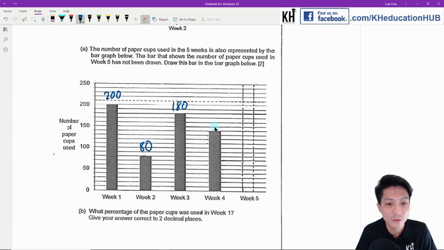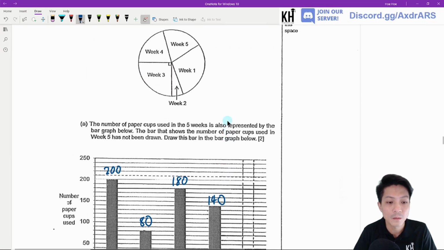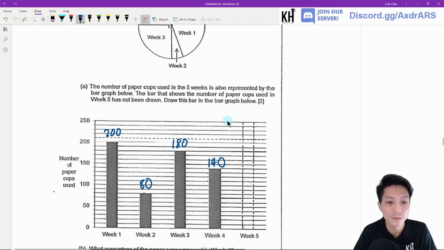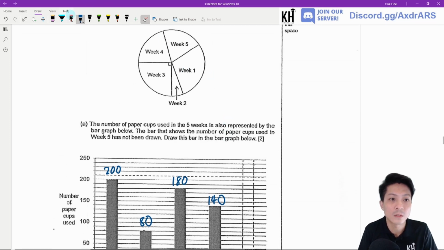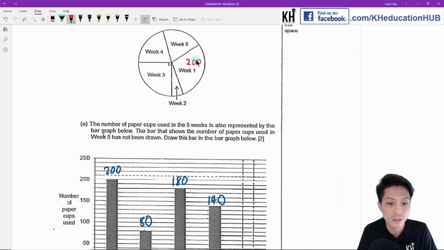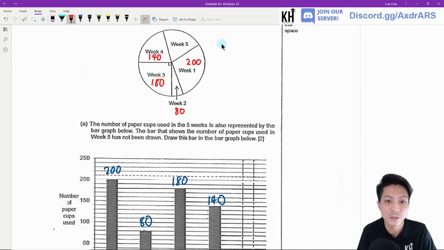Week 4 looks like it's 140. Okay, I'm gonna transfer it to this pie chart. This is 200, week 2 is 80, week 3 is 180, week 4 is 140.